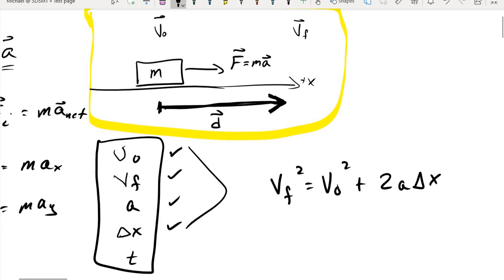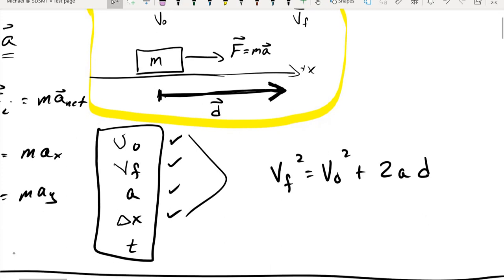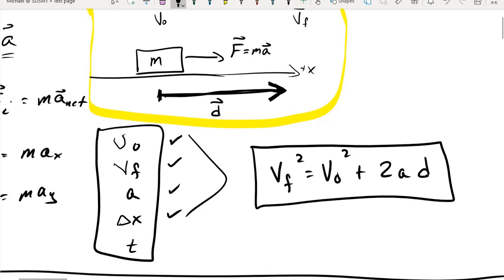Now the only difference between this and the values that I have up in the diagram here is that I'm using d as the displacement vector. So I'm just going to take delta x and I'll replace it with d. And this was one of the 5 kinematic equations.